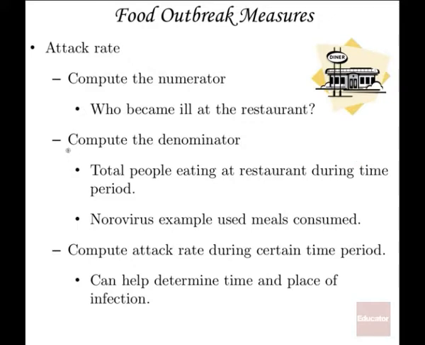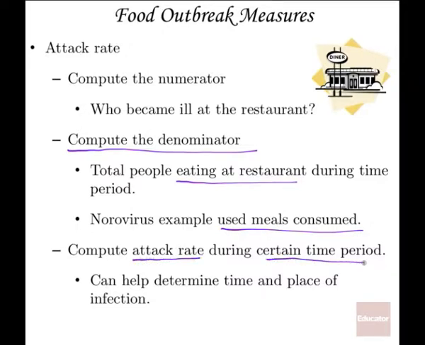So as I mentioned, the important part of it is really figuring out the appropriate denominator. And in the case of some analyses, it's the total people eating at the restaurant. And in the case of the norovirus, they used the total meals consumed. So then you compute the attack rate during a certain period of time.